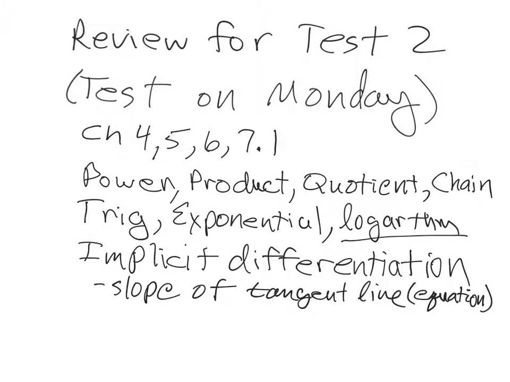So you need to know how to find the equation of the line. The slope of that line would be the derivative, the value of that derivative at the point. Yes, that was pretty much all we did on implicit differentiation.